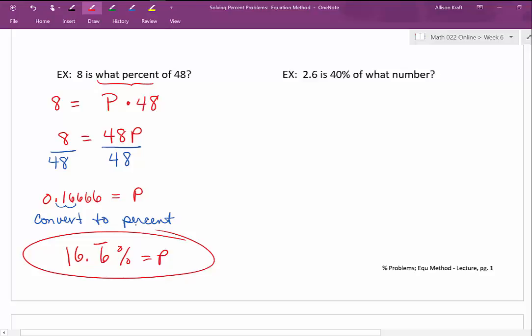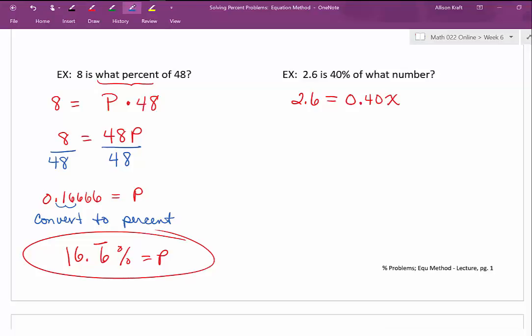Our next example says 2.6 is 40% of what number? We start with 2.6. Is means equals. 40% we're going to rewrite as a decimal. Of means multiplication. And then what number? That's our variable.